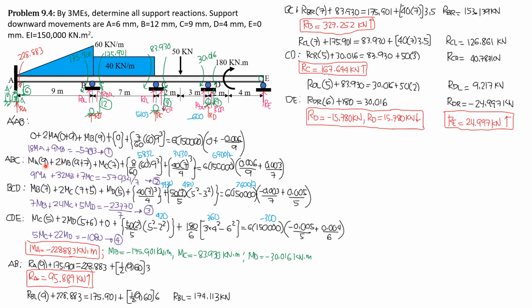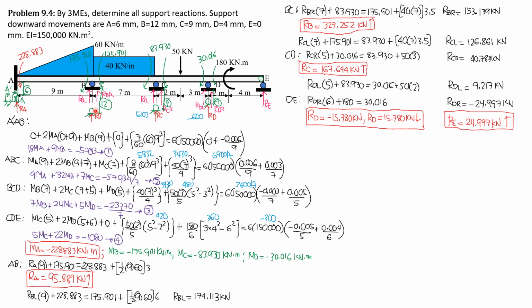MA times LAB, which is 9, plus 2 times MB quantity LAB 9 plus LBC 7, then plus moment at C times LBC 7, plus 6 area 1A over L1 for triangular loading from the farther end, which is 8 over 60 WL cube, then plus for this uniform load over the entire span WL cube over 4, 40 times 7 cube over 4, then equals 6 EI, 150,000.